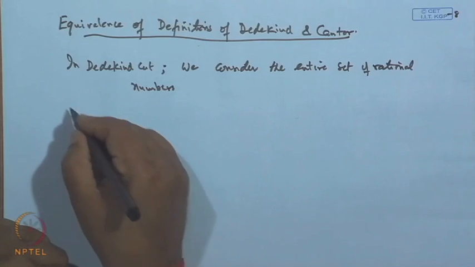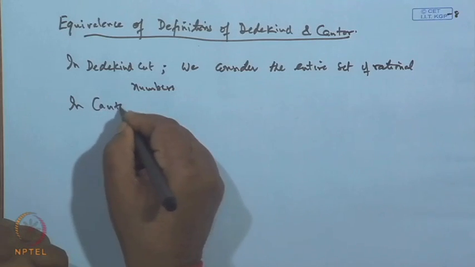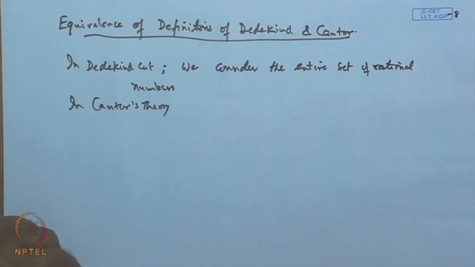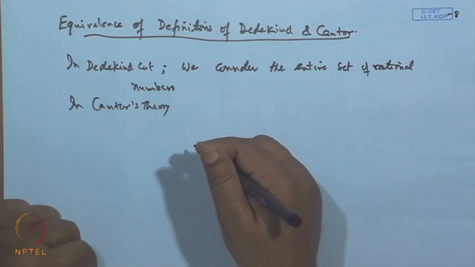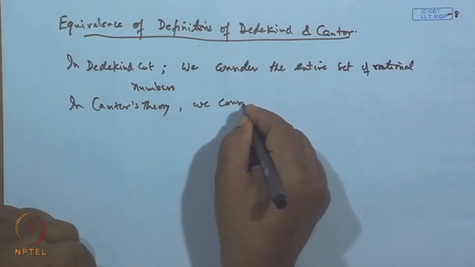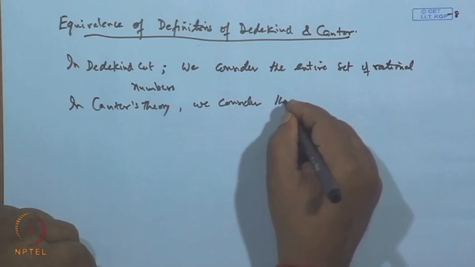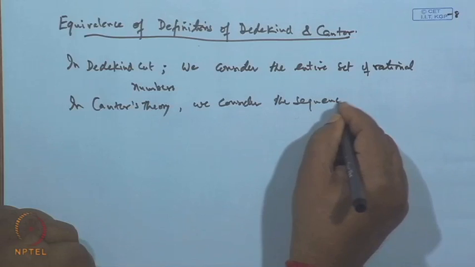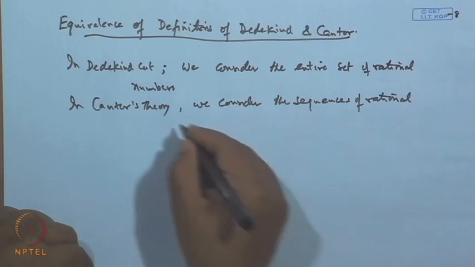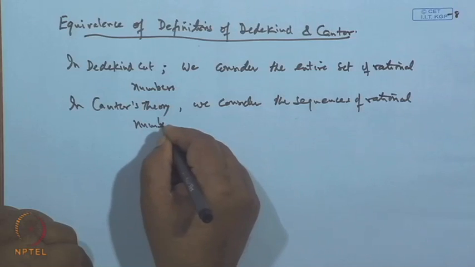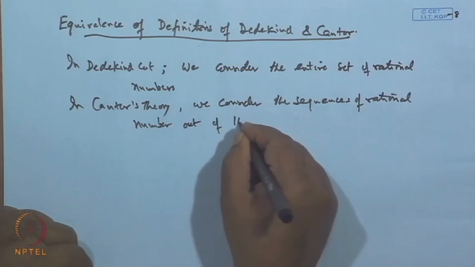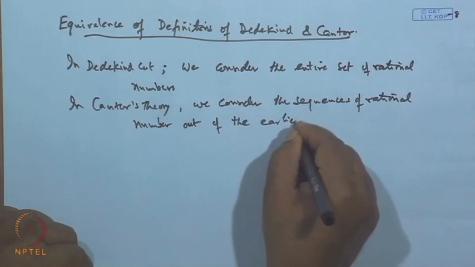While in Cantor's theory, we consider the sequences of rational numbers out of this set, is it not?